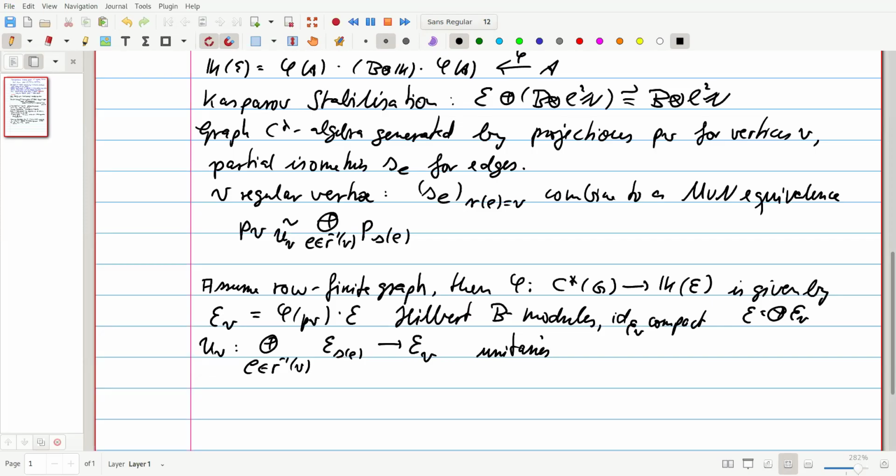This is actually a very serious restriction on a Hilbert module. This turns out to be equivalent to E_V being isomorphic to some projection times B^n.